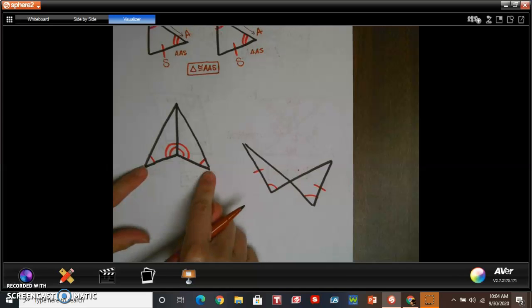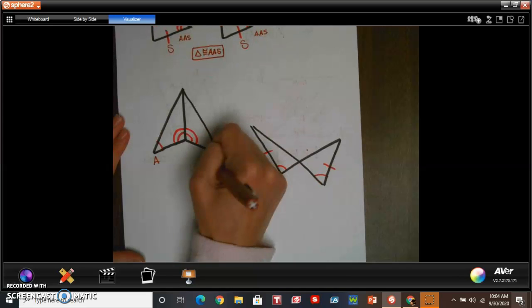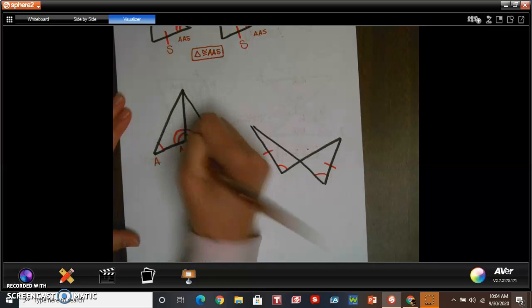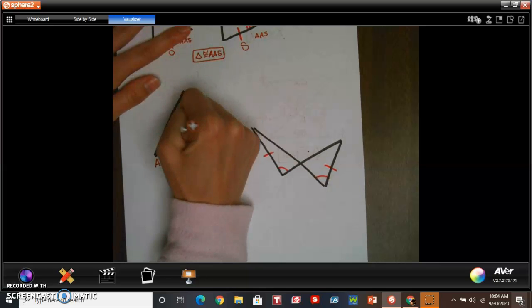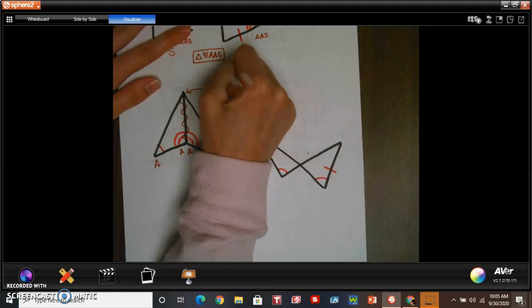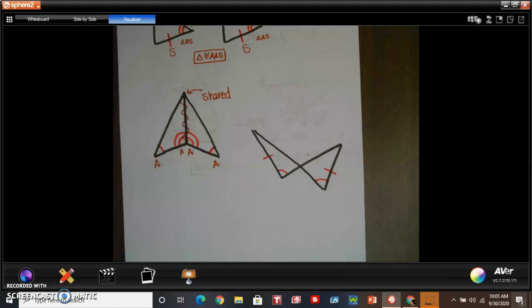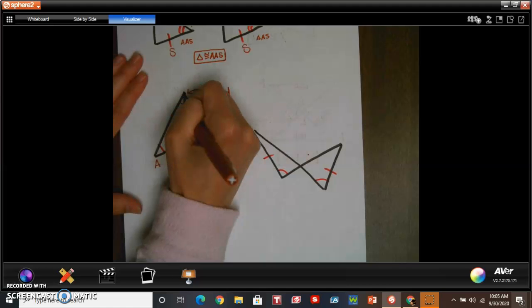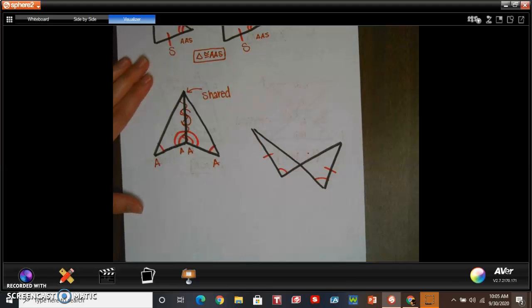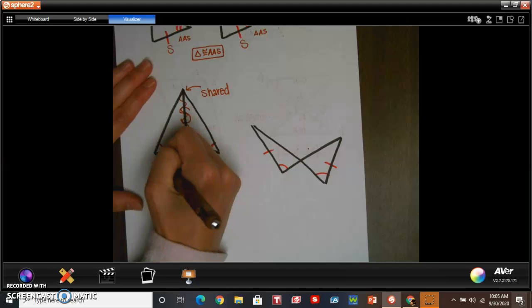We have our 1 arc, our 2 arc, and we have a shared side. Remember, if it's shared, it's congruent. So we can label it S. All right, let's check to make sure that that side is not between our angles.